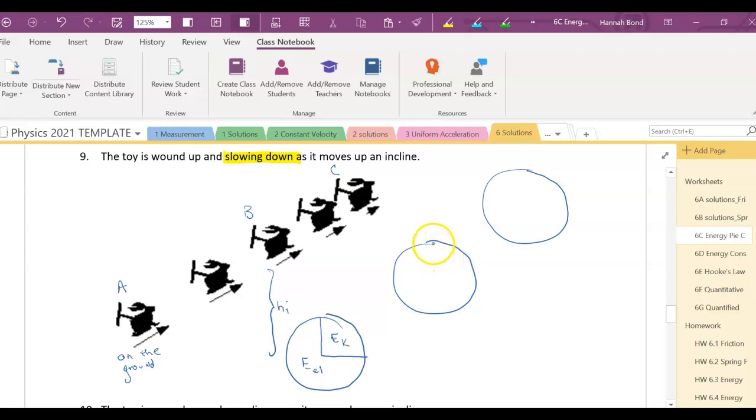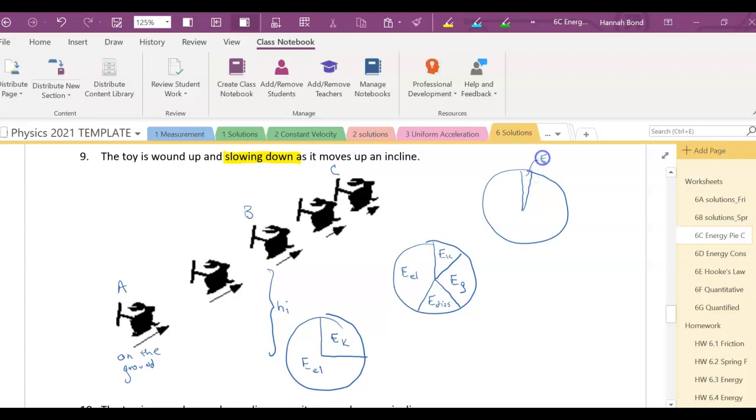So I'm going to make the kinetic energy smaller. I'm going to show some gravitational potential energy. I'm going to show a little bit of dissipated energy because the feet have been sliding against the ground, and elastic potential energy is getting smaller. At the end, here at position C, it's moving very slowly.